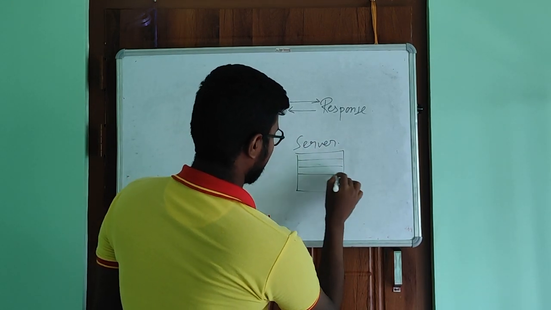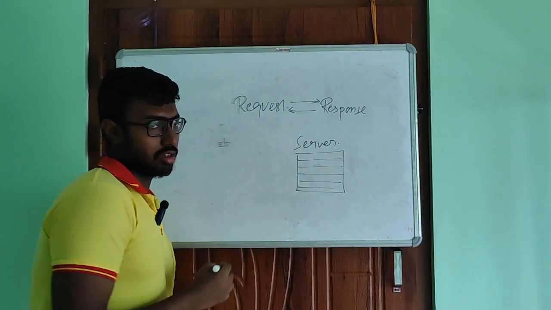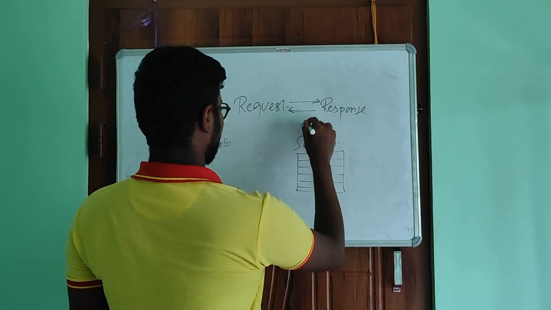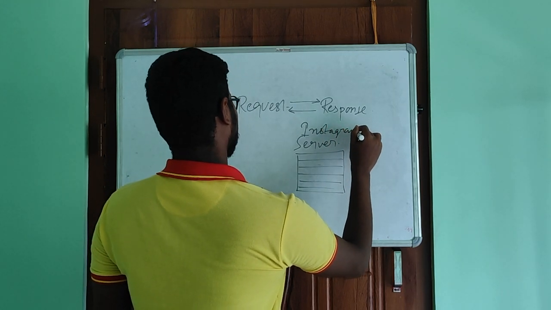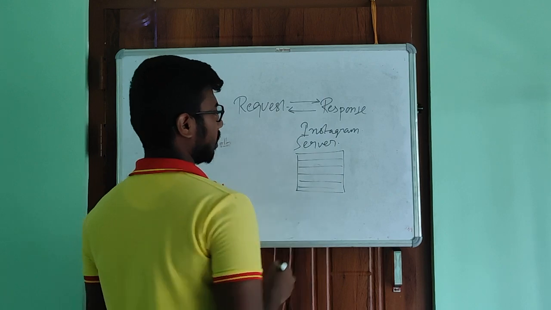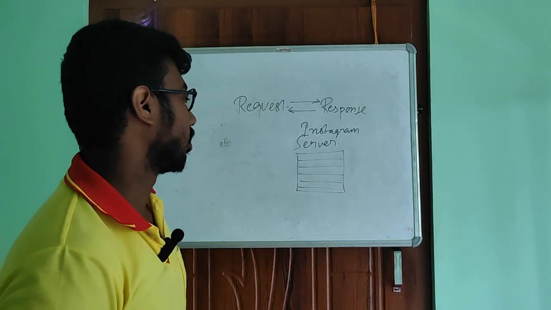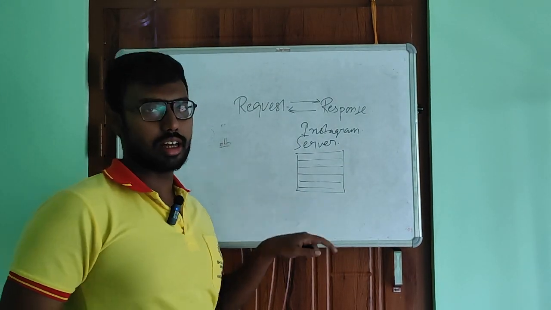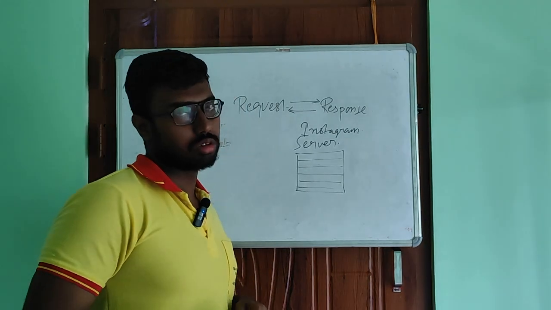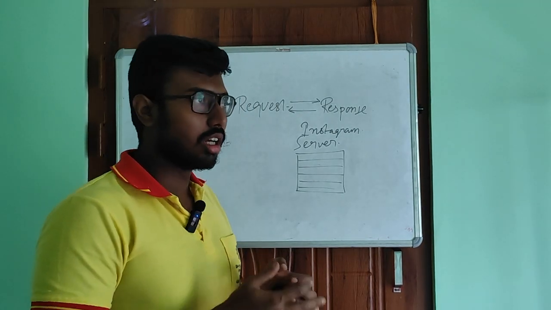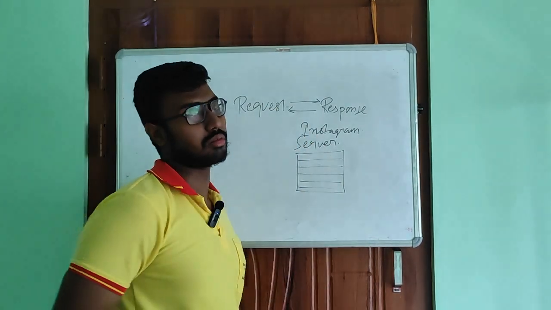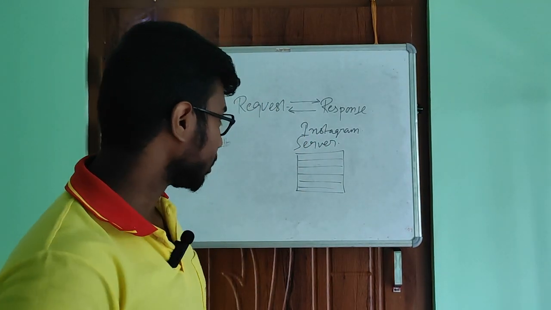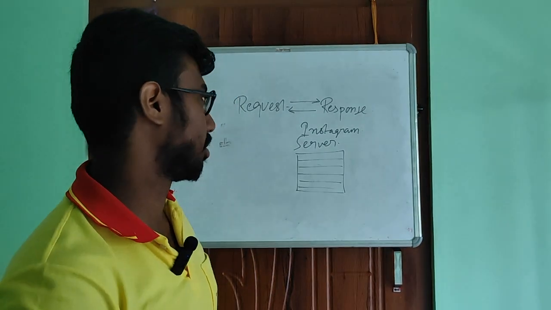So this has the database, okay? So this is Instagram server. Just for example, this is Instagram server, okay? So here all your data is stored. Whatever you post in Instagram or share something or like something, everything is stored in Instagram server. So okay, this is the request and response that I'm talking about.